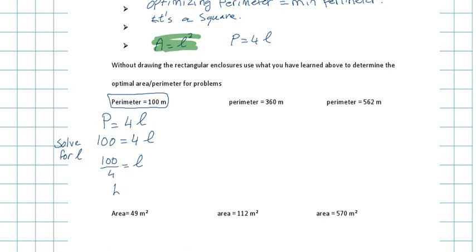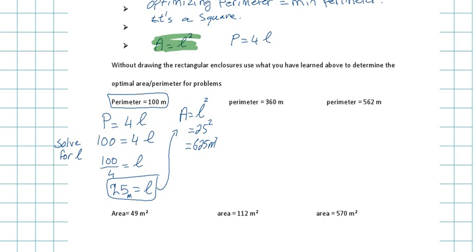So the question is asking you to determine the optimal area for the perimeter. If I want to find my optimal area, what do I do? 25 squared is 625. Are you guys okay with this?